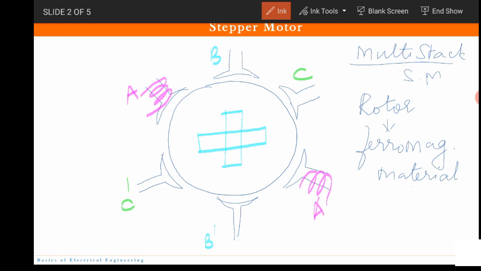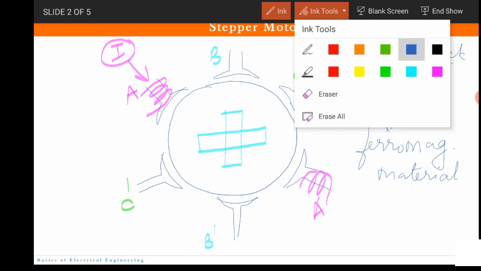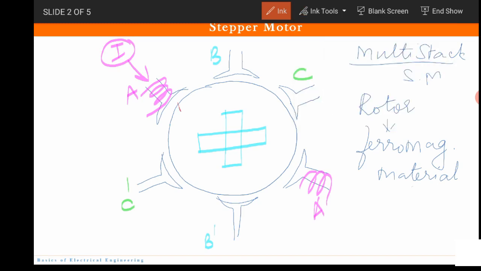Okay, so what we are going to do is we are going to energize pole pair A. It means current is given to pole A. So because of this, this becomes north pole and this becomes south pole, correct?